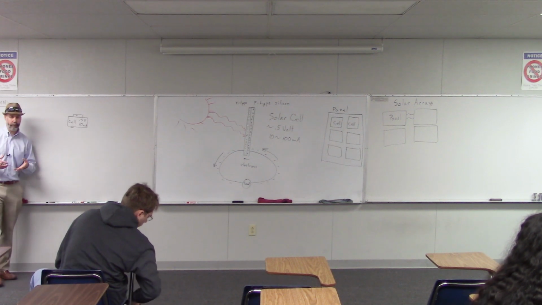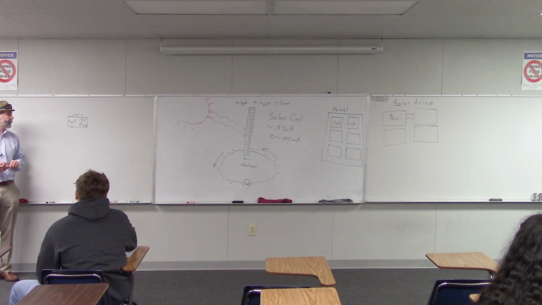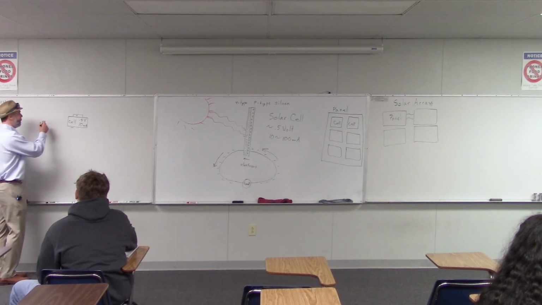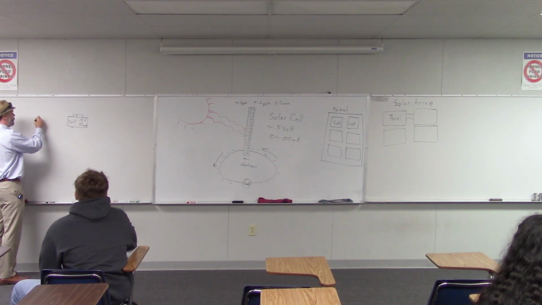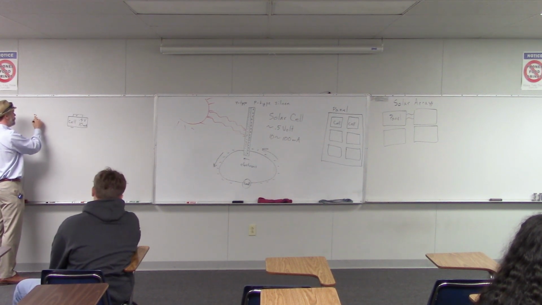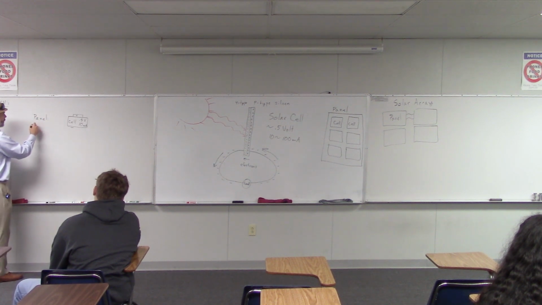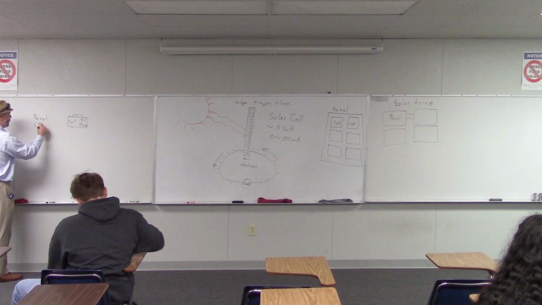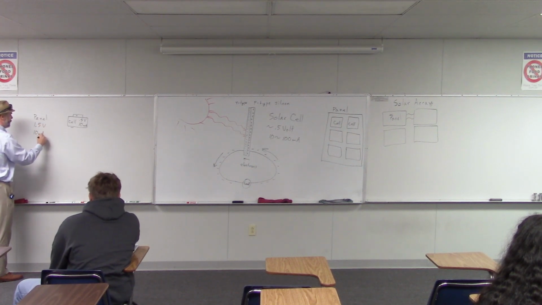Say we have a whole box full of these. We can use as many of these cells as we want. We want to wire them together, but we want to make a panel that produces 1.5 volts and 10 milliamps.